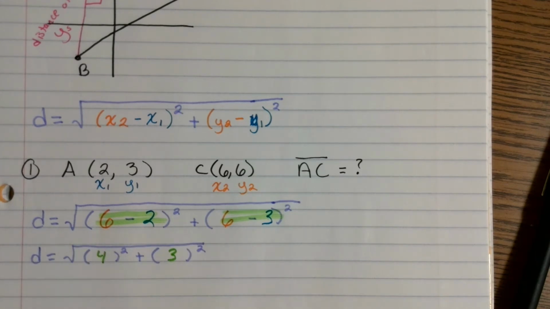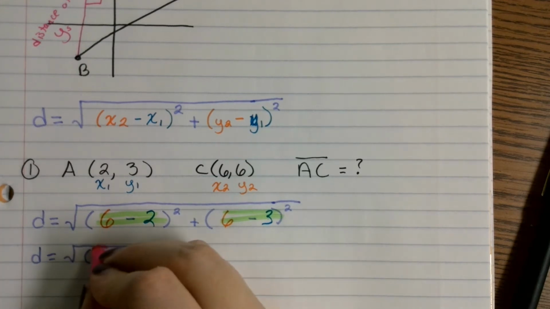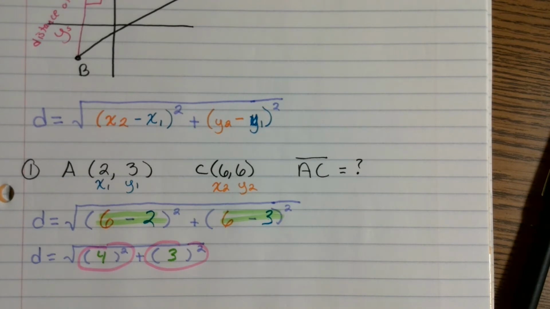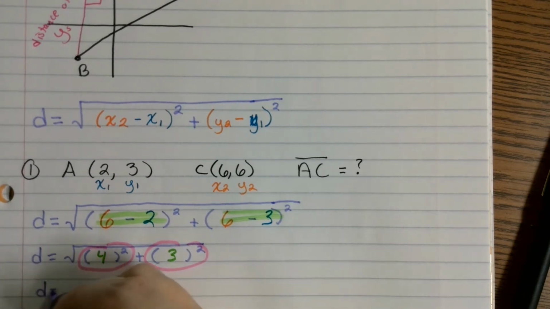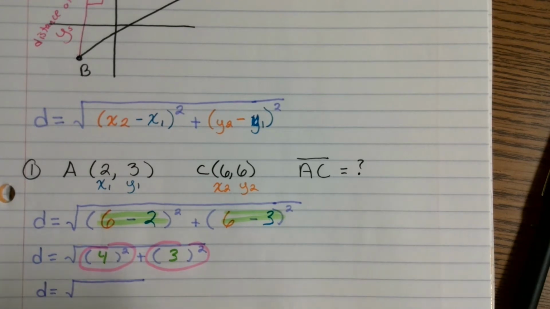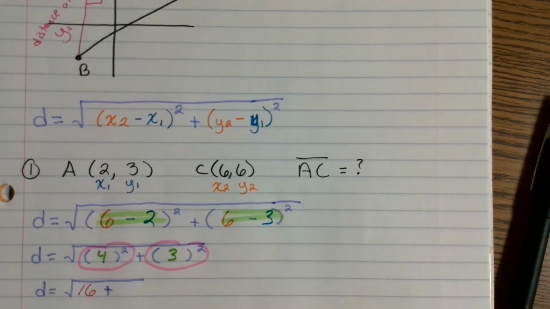What's the next thing that I need to do? Connor? I need to square them. I need to actually square these numbers. So now I've got D is equal to the square root of, what's 4 squared? 16. What's 3 squared? 9. Okay.